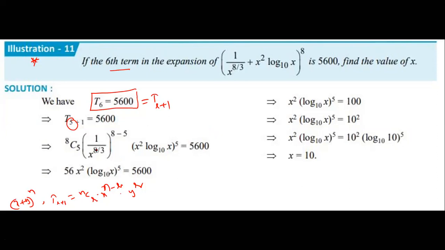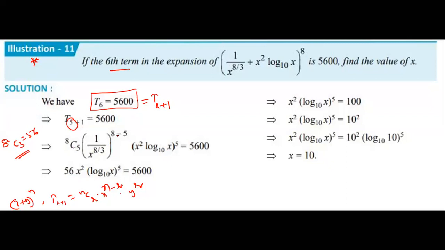Now see. 8C5 into (1 by x power 8 by 3) whole power and minus r into y power r. Simplify these terms. 8C5 means how much? You can write 8C3, simplify, that is 56. So remaining as usual, x square is there.